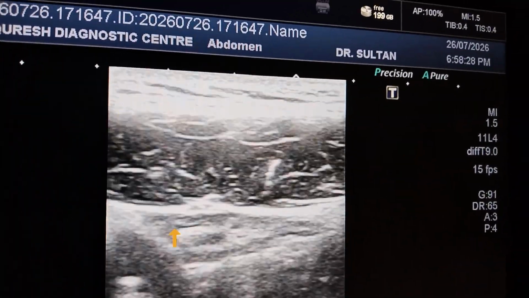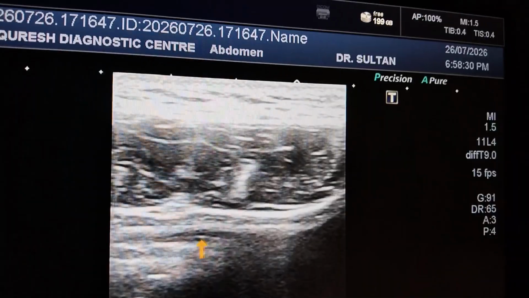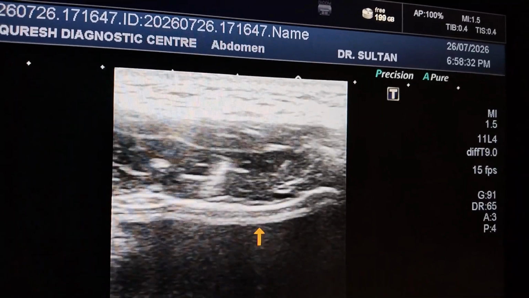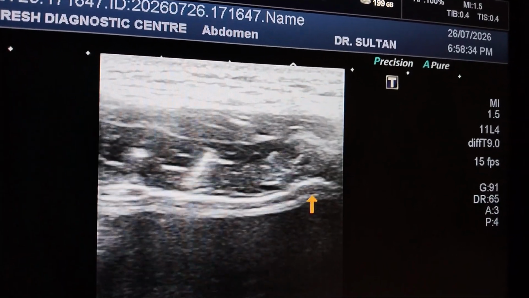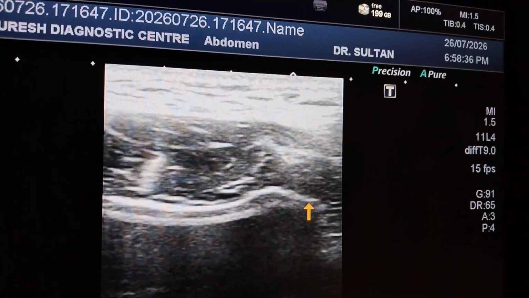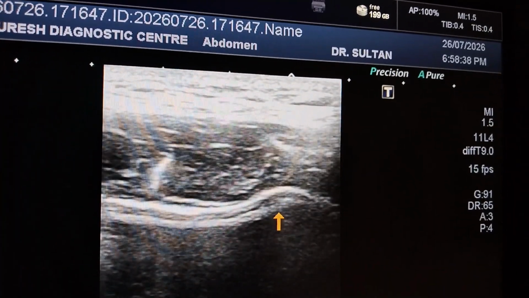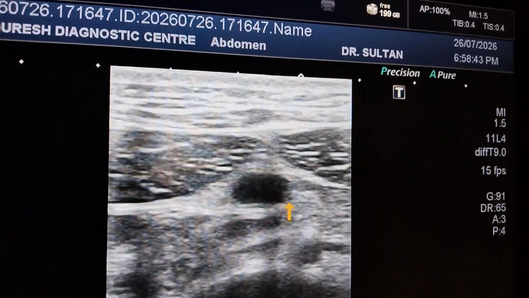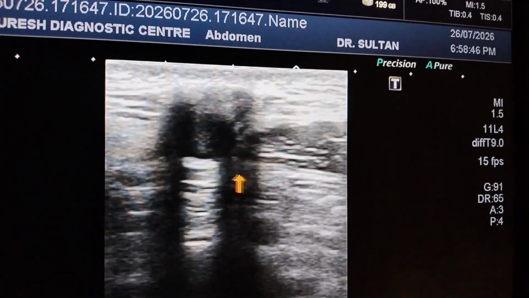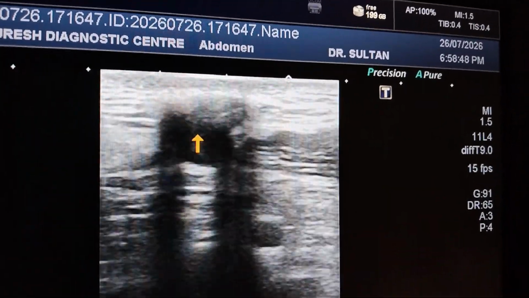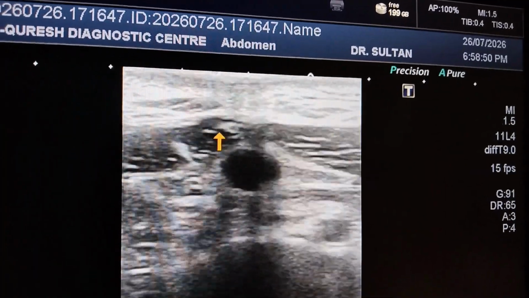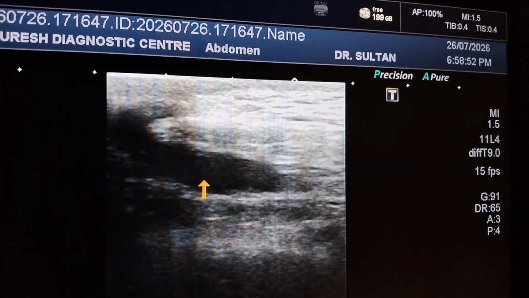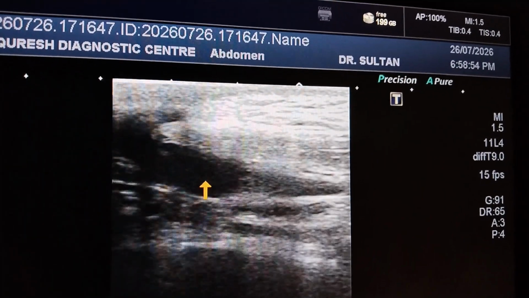This is the tract, and this is the connecting place at the apex of the urinary bladder, and this is the umbilical tissue, and from where this tract is coming.